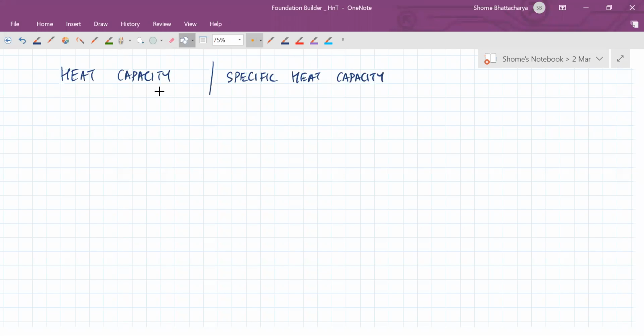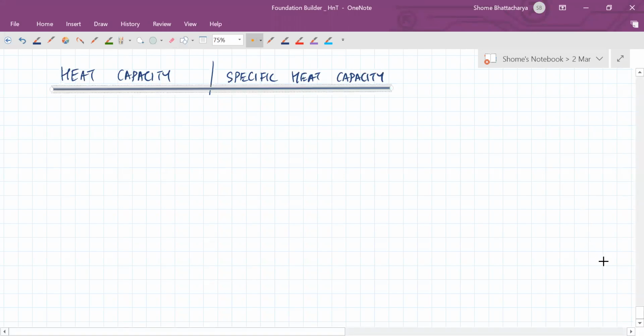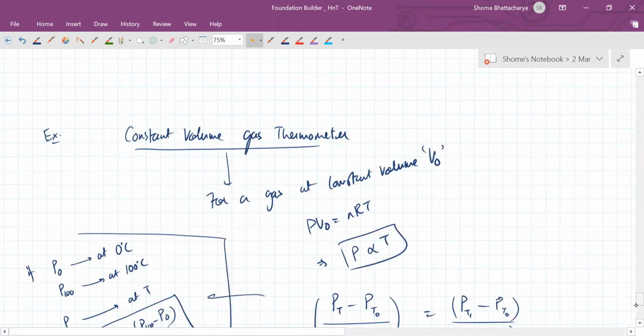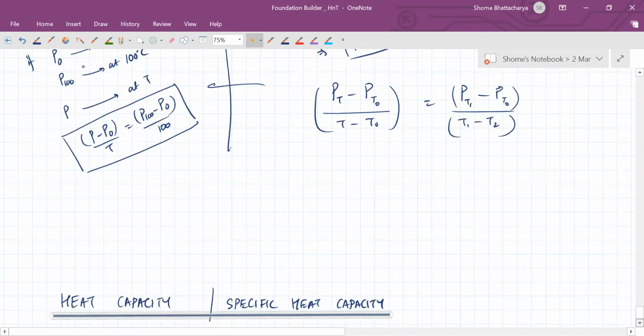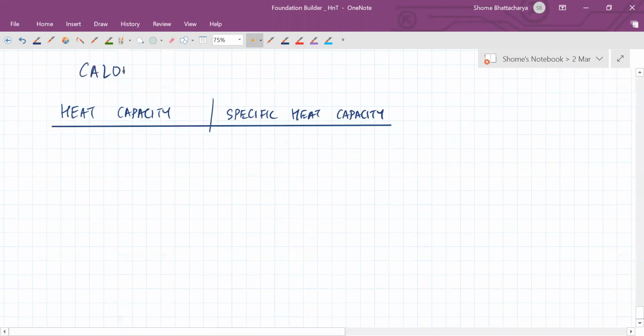So now we're moving ahead from the thermal expansion concept to the concept of calorimetry. This is part of the chapter within heat and thermodynamics called calorimetry. For example, in HC Verma, you will see there's a separate chapter called calorimetry, whereas thermal expansion would have been in the chapter called heat and temperature.